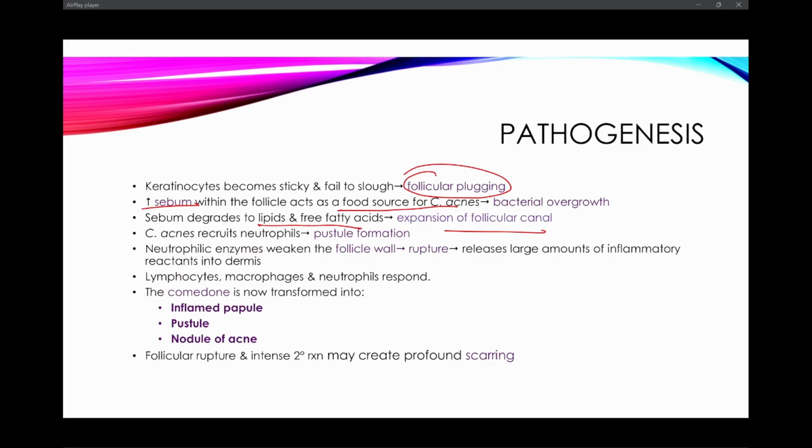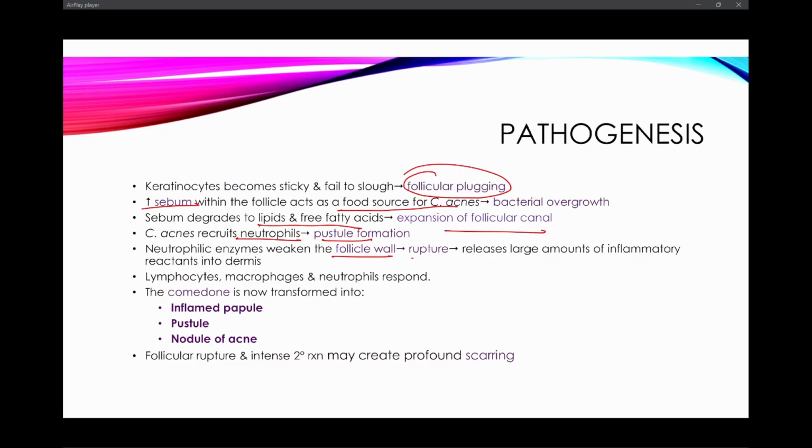The C. acnes recruits neutrophils. It's a bacteria. We need neutrophils to fight off the bacteria, but all these dead white blood cells cause pus to form, and you get a pustule. All these enzymes from the neutrophils weaken the follicle wall, and that can cause rupture of that wall.